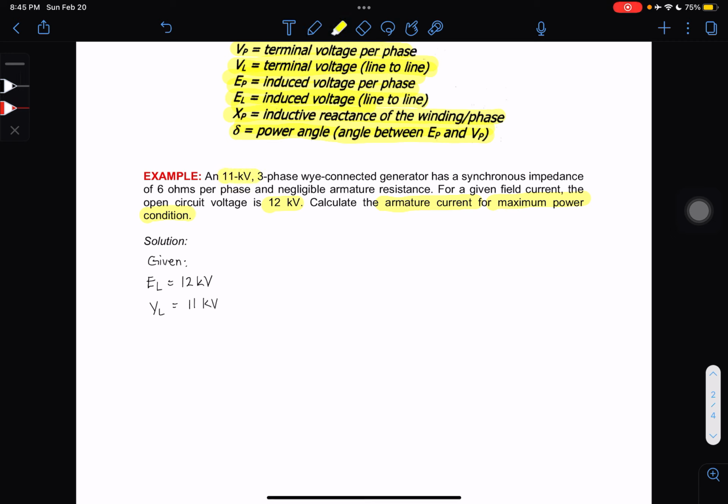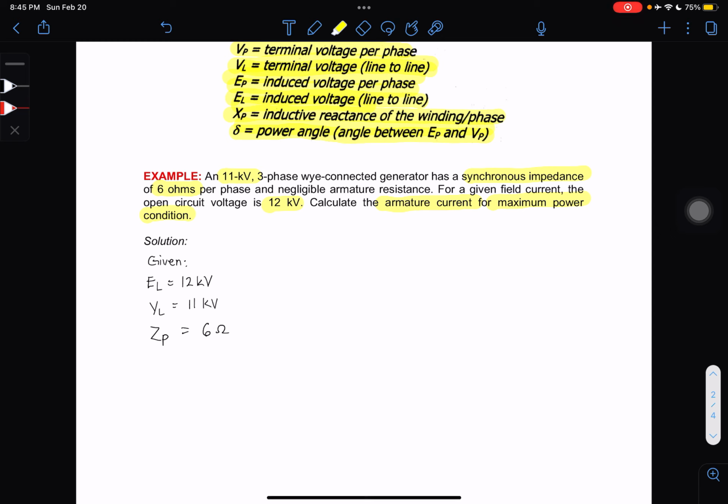Here, there is no inductive reactance given. Instead, it gave the synchronous impedance, so we have ZP. ZP is 6 ohms. So we have written all the givens of this problem.